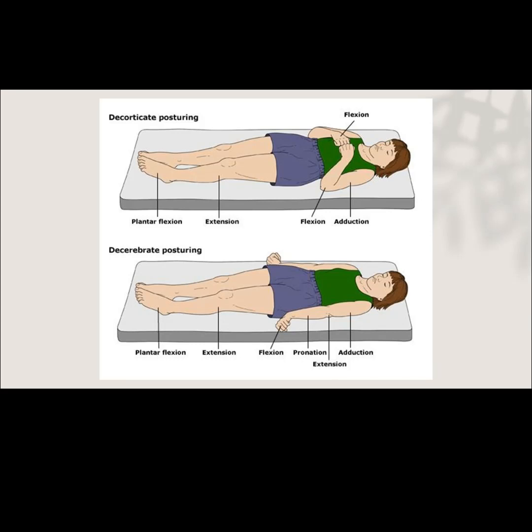If they have extension posturing or abnormal extension, then we're going to call that decerebrate posturing, and they're going to get a score of 2 for that. So decerebrate posturing is when those upper and lower extremities are extended and the arms are internally rotated, and then you can see there's some flexion, extension of those lower extremities. But the main difference is what happens at the upper extremities.